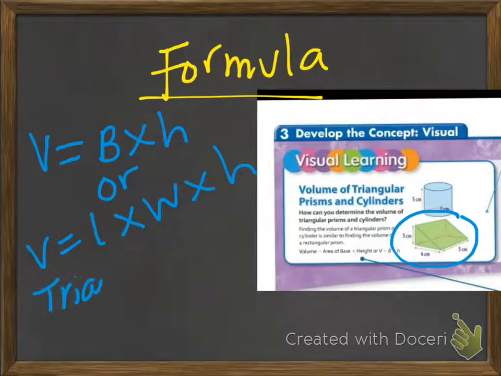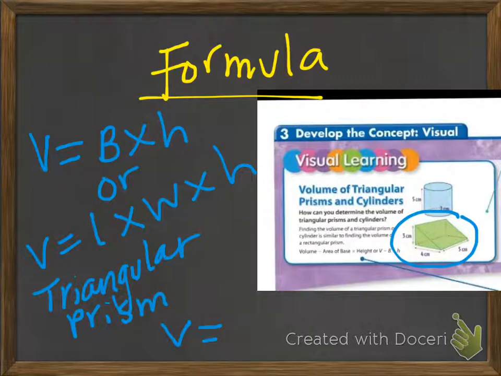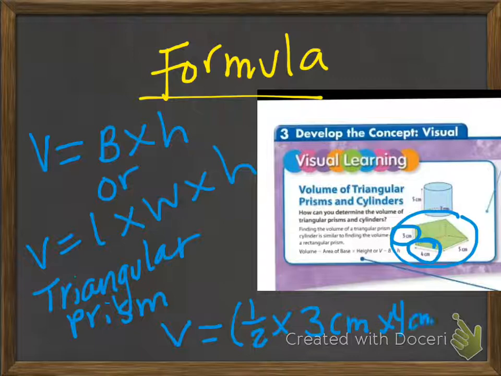For the triangle shape, here's the formula for volume. Volume equals one half times this 3, in this case 3 centimeters, times that 4 centimeters, times the 5 centimeters.